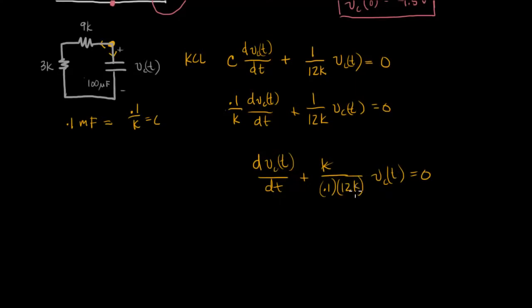And the K's cancel. And what we are left with for our standard form equation is dVc(t)/dt plus 1 over 1.2 Vc(t) equals 0. Okay? That's our standard form.